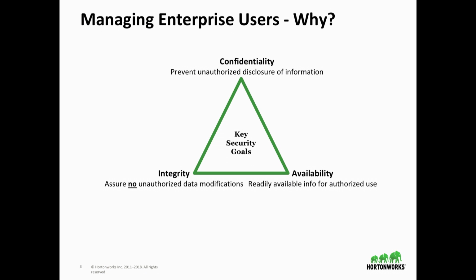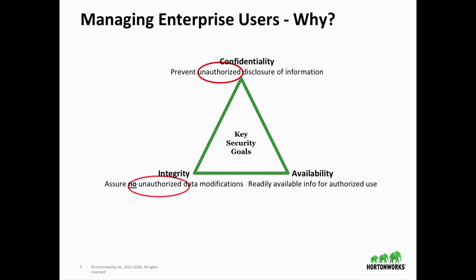Availability is if the users have access, they should be allowed to see the data at any time. And I want to point out here the key words that form the basis of all these goals. In confidentiality, you strive to prevent unauthorized disclosure.